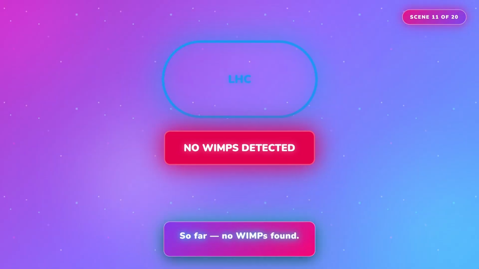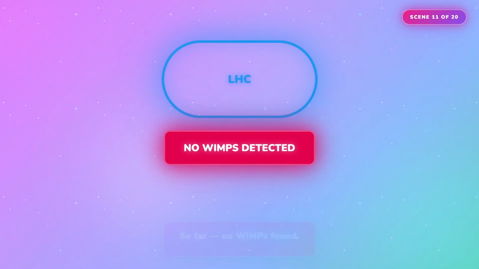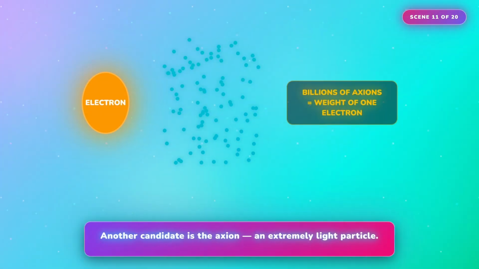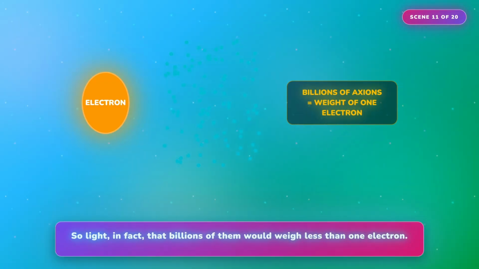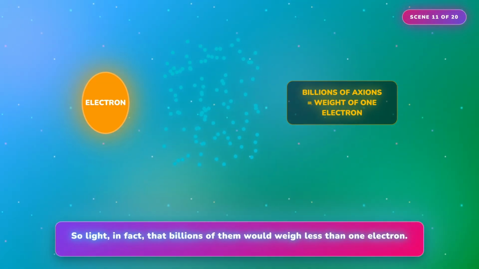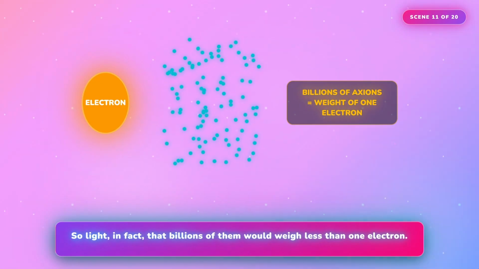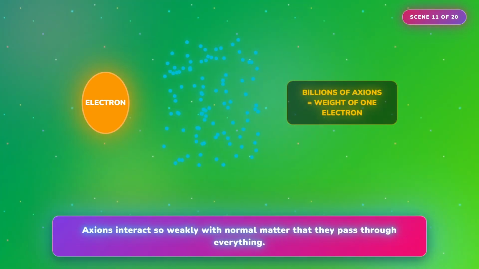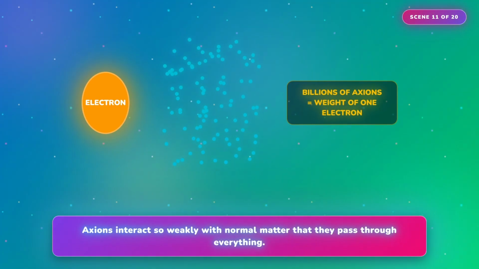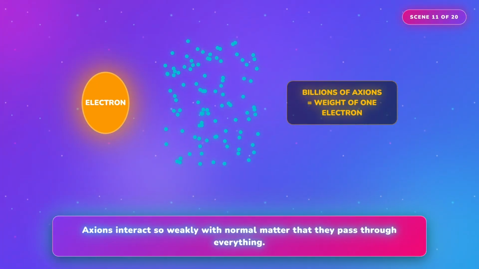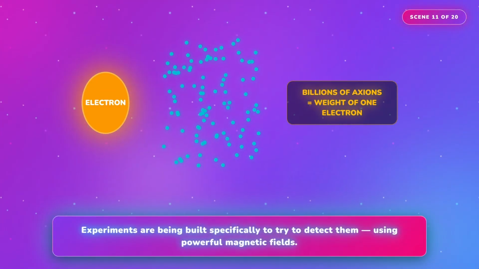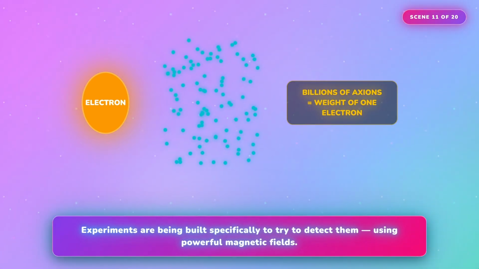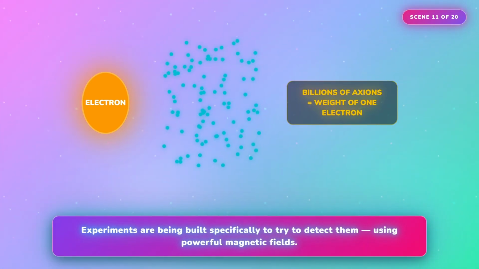So far, no WIMPs found. Another candidate is the Axion, an extremely light particle. So light, in fact, that billions of them would weigh less than one electron. Axions interact so weakly with normal matter that they pass through everything. Experiments are being built specifically to try to detect them, using powerful magnetic fields.